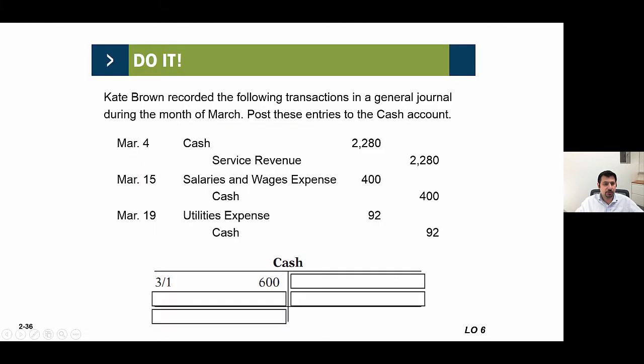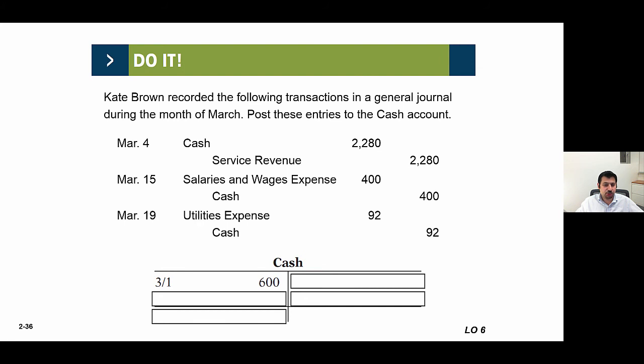Now we go back to our old friend Kate Brown, who opened the hair salon, and she has the following transactions in her journal, and she's going to post the entries to the cash account. So in this case, we are only looking at the cash account.